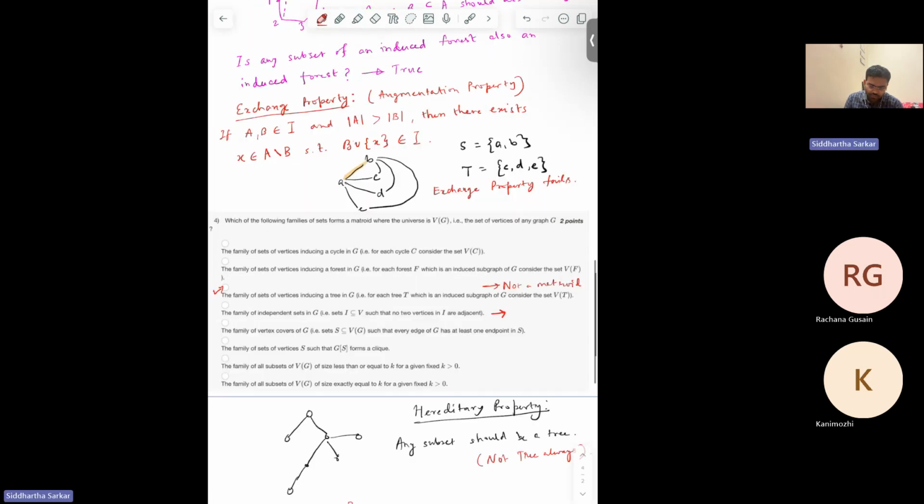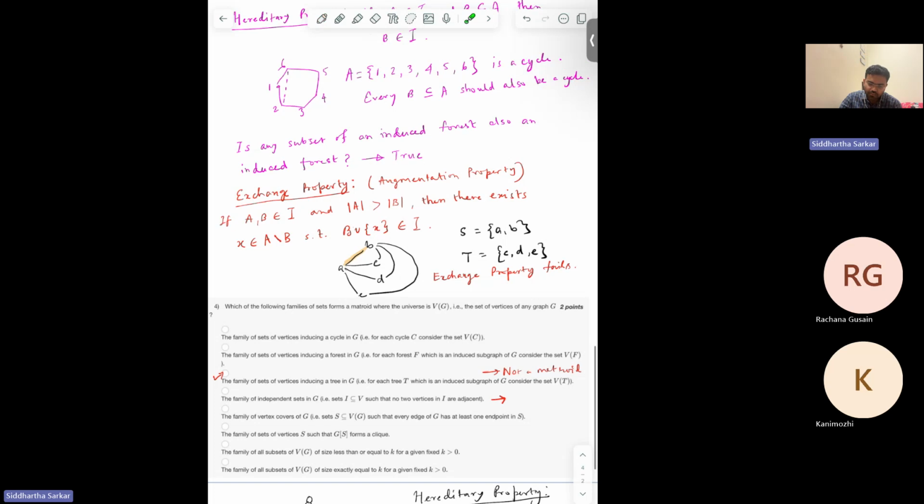So what is the exchange property? Remember, it is nothing but the ability to augment. That means if there are two independent sets A and B, such that A has more vertices than B, then there exists a vertex exclusive to A, that means it exists in A but not in B, whose inclusion into B is also an independent set.